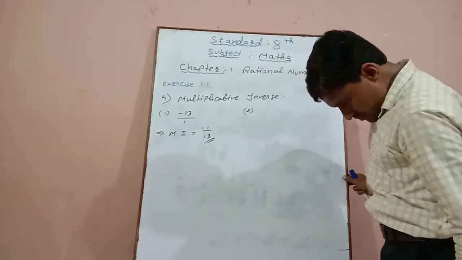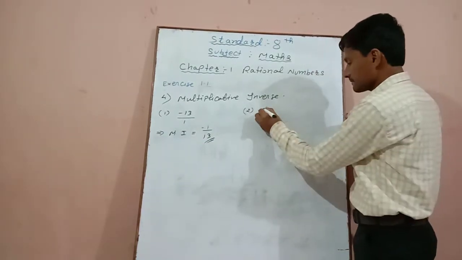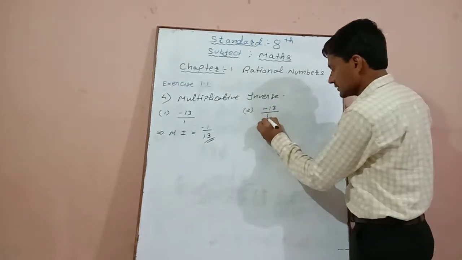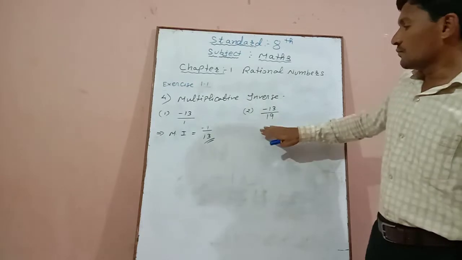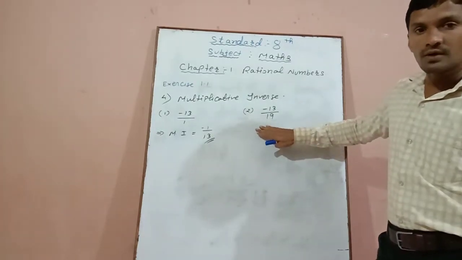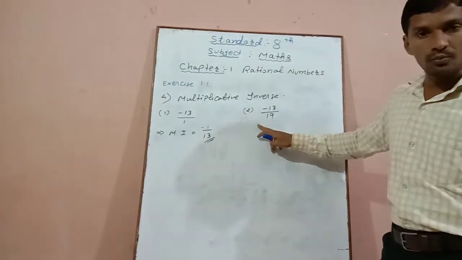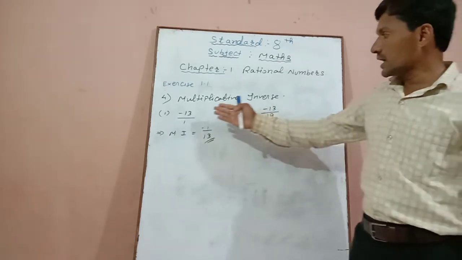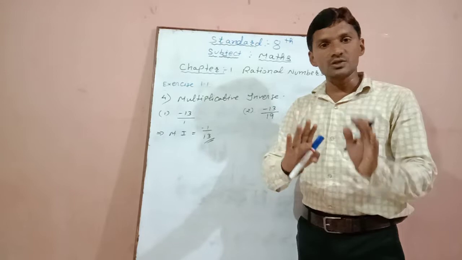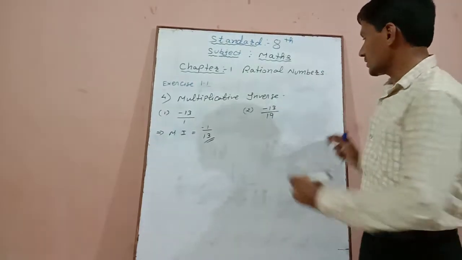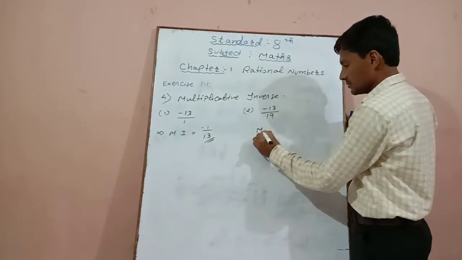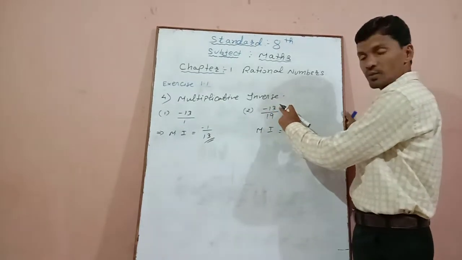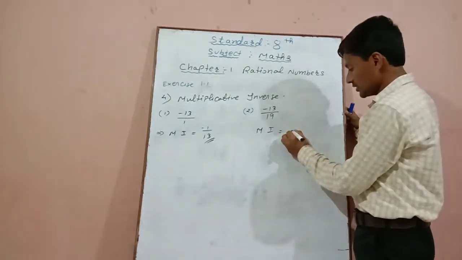is minus 13 divided by 19. Again we have to find the multiplicative inverse, meaning the numerator becomes the denominator and the denominator becomes the numerator, and we have seen that the sign will stay as it is on the same side. So the answer of the second: multiplicative inverse is equal to, 13 is the numerator so now it becomes the denominator.